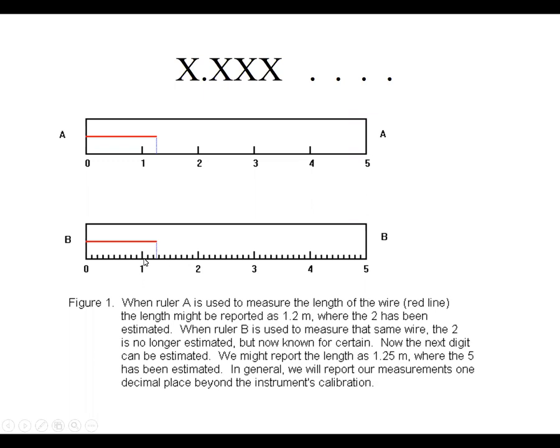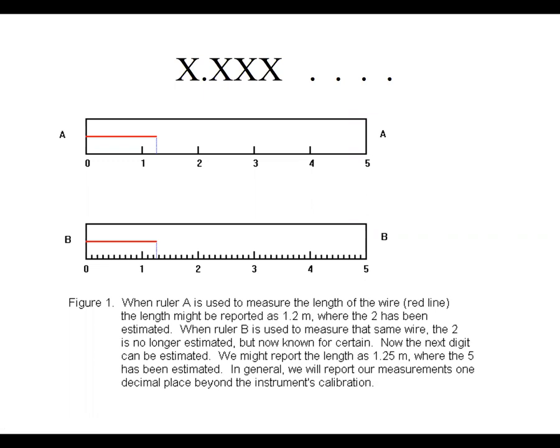So now I have it marked off not merely at the integer level, at the whole meters like I did in ruler A, but I've got marks for tenths of a meter. And now if I take that same wire and again line up one end of the wire with 0 and stretch it out and see where the other end of the wire coincides with the measurement scale, I can now see that it is more than 1.2 meters, but less than 1.3 meters.